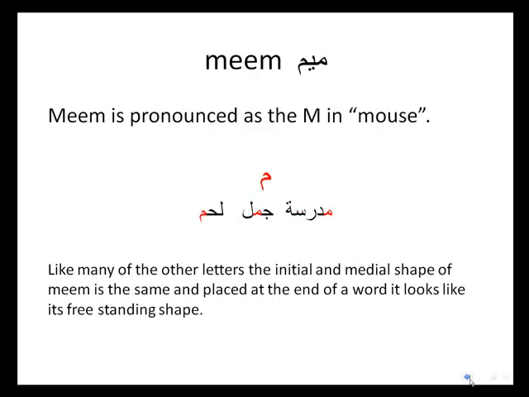Mim, again the pronunciation is easy. It's like M in mouth or mouse. Mim freestanding and written on a computer looks like what you can see in front of you. Mim handwritten is like a little circle with a tail.